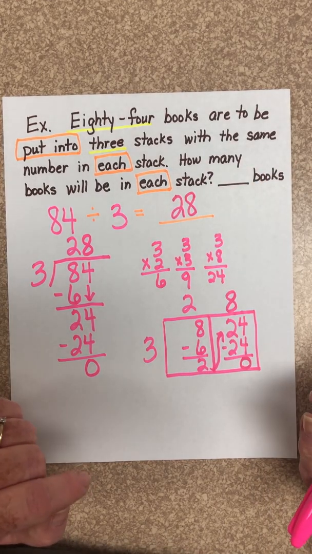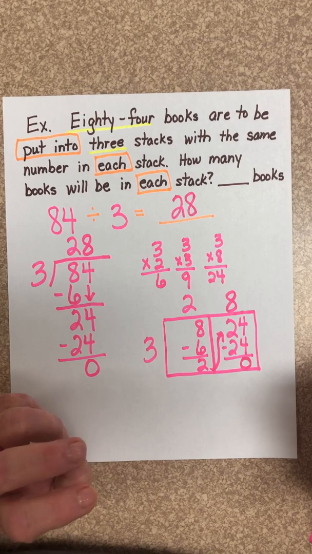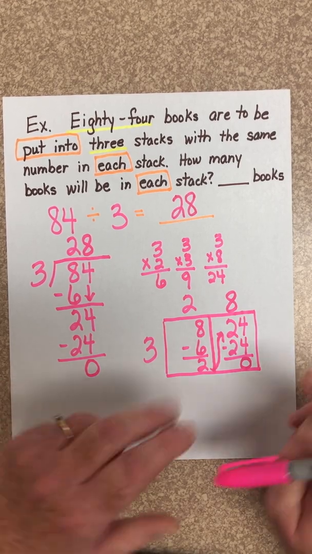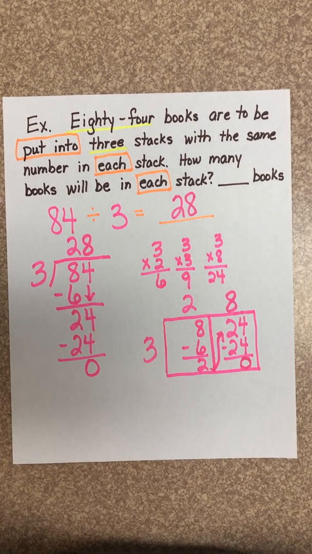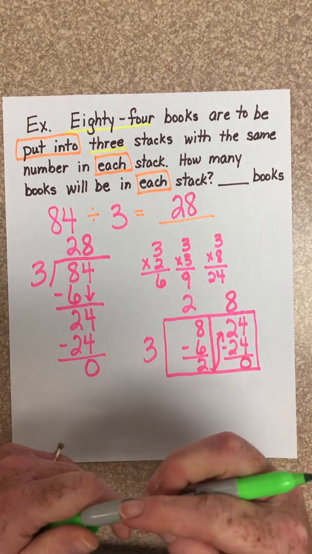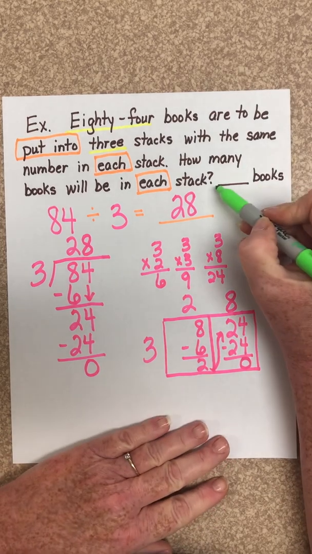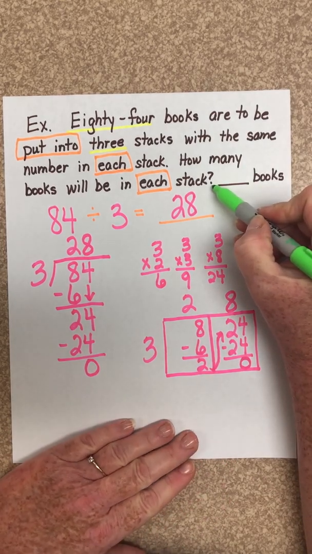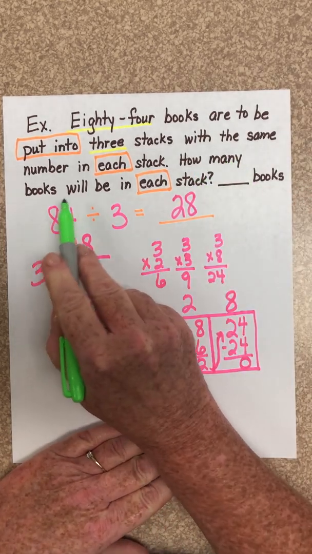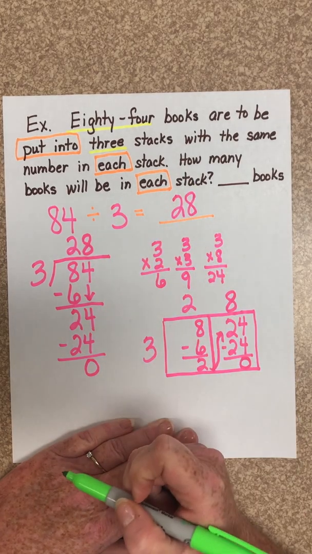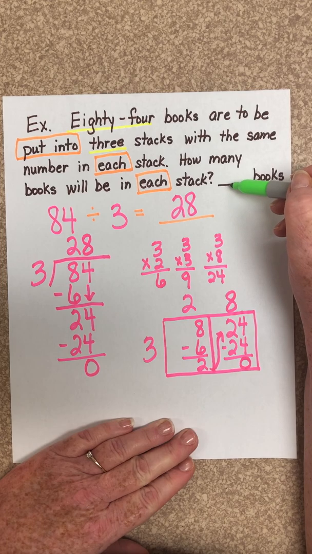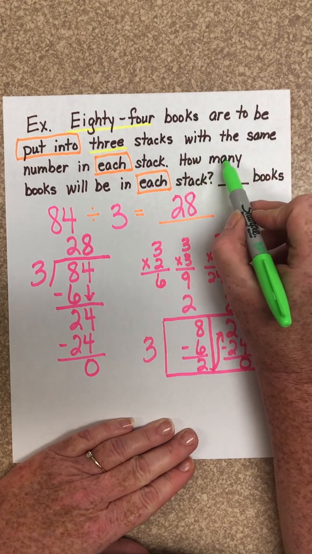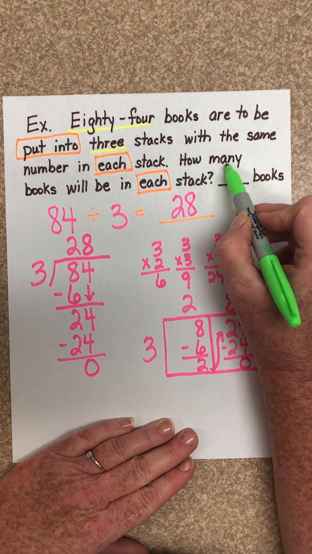But when you work with a word problem, you are to label it. So now let's talk about, well, how do you find the label? Well, to do this, you find the question. And let's read the question. How many books will be in each stack? When the questions are written like this, you should be thinking, how many what?